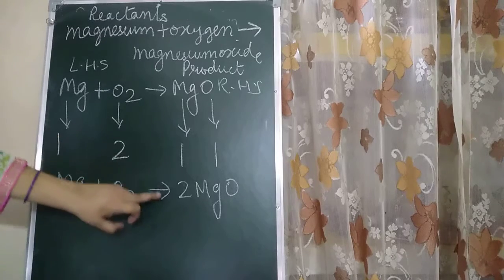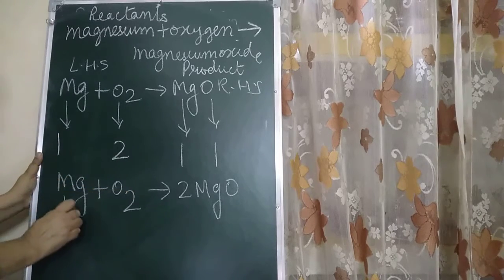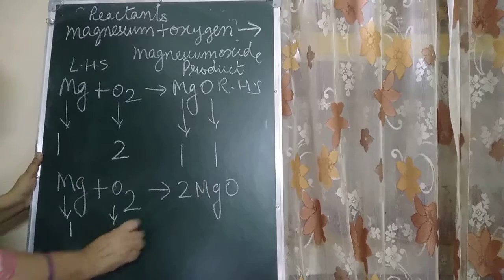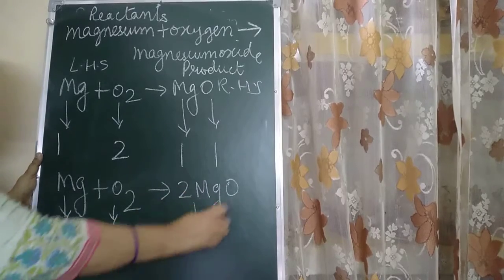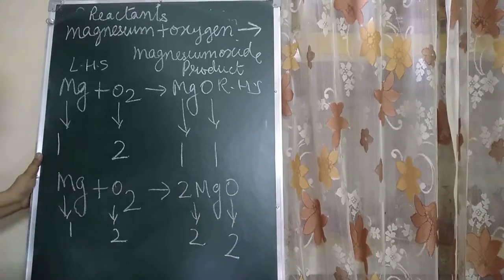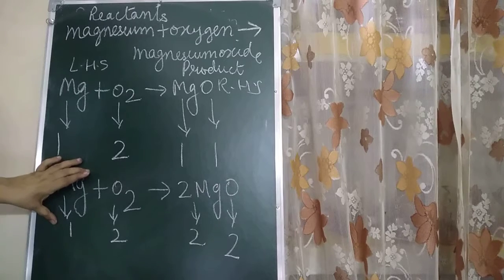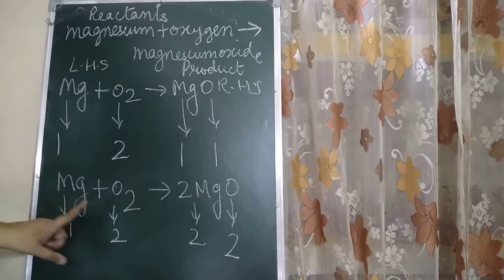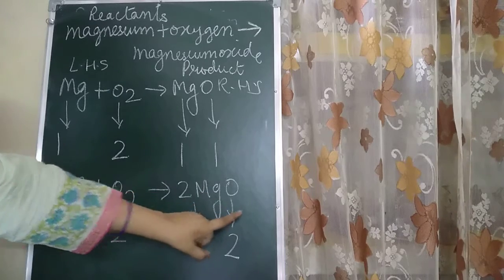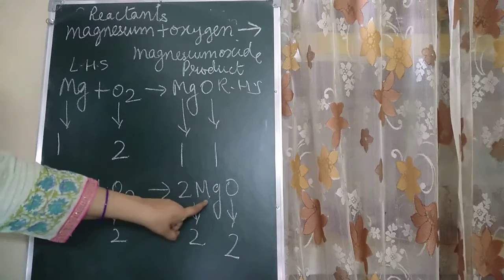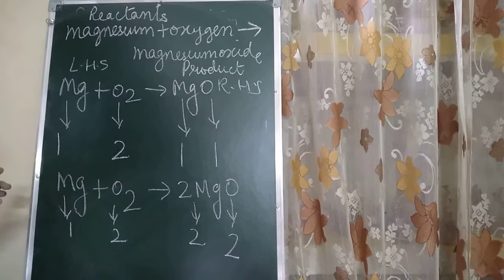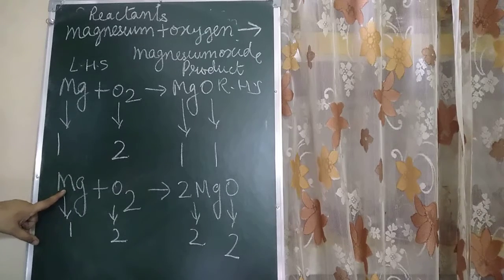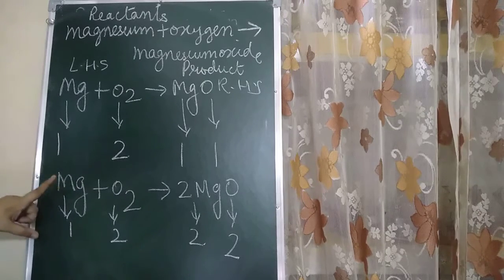Now what happened by this equation? Mg 1, oxygen 2; Mg 2, oxygen 2. But still magnesium is not balanced. The number of oxygen atoms is balanced but the number of magnesium atoms is not. Therefore multiply magnesium on the left hand side by 2.